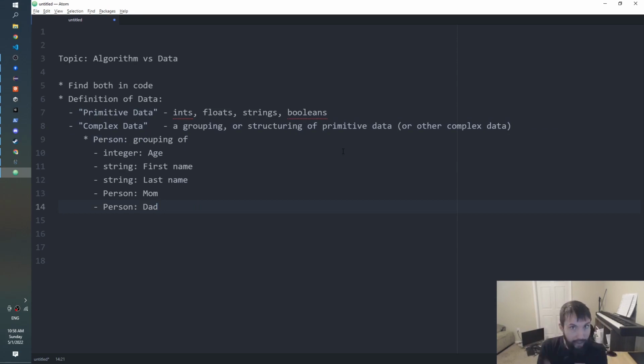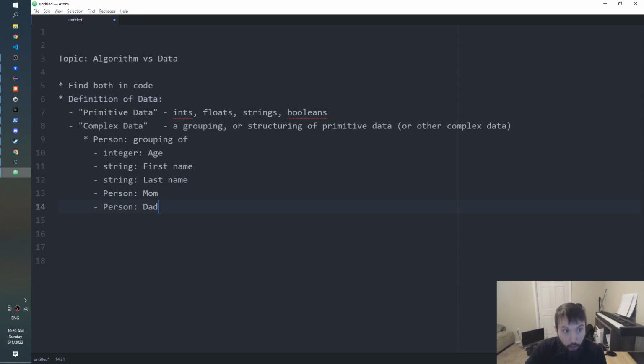All of that is an abstract definition that doesn't have anything specifically to do with Java or any particular programming language. This idea of algorithm versus data, you're going to find that throughout all of computer science, regardless of the programming language. So I think it's actually a much more important thing to understand than any particular facet of the Java language.